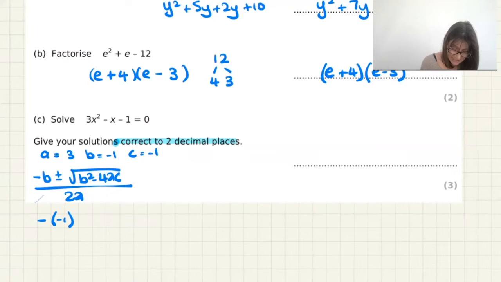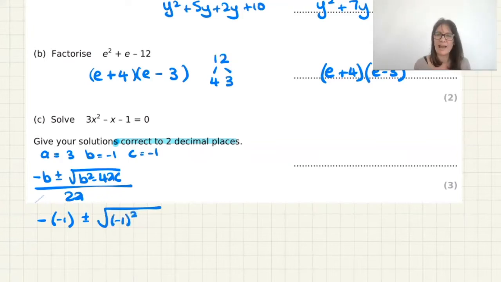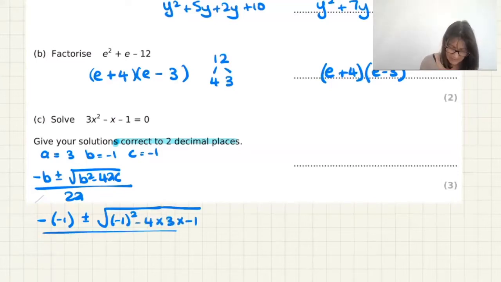I like it there. So I've got minus B plus or minus square root of B squared. Now this is important. Putting that in brackets to avoid an error happening in the calculator is key there. -4 times 3 times -1, just extend that, all over 2 times 3. You should be working out those bits first.